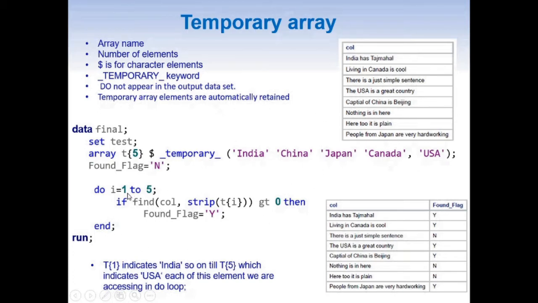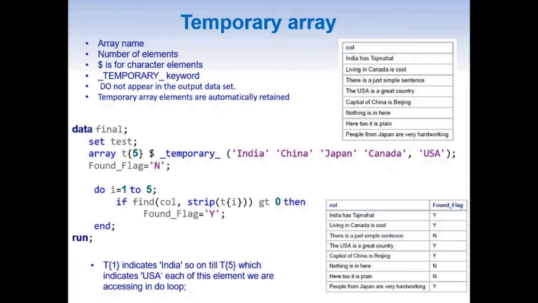When i equals 1, then Ti is India, which means we are accessing India and comparing this value with India. And when i becomes 2, we are accessing China. In the same way, we are accessing Japan, Canada and USA.